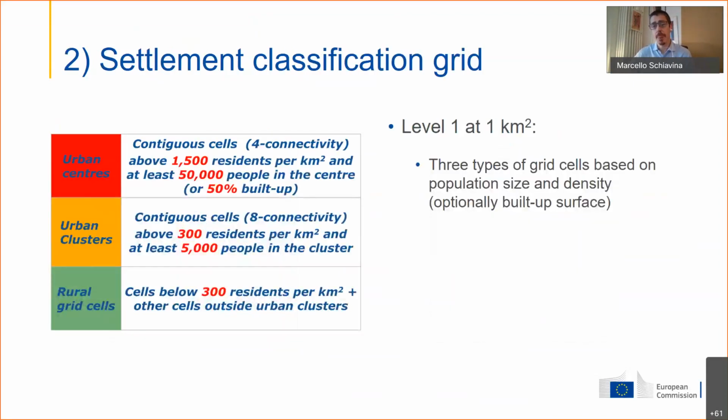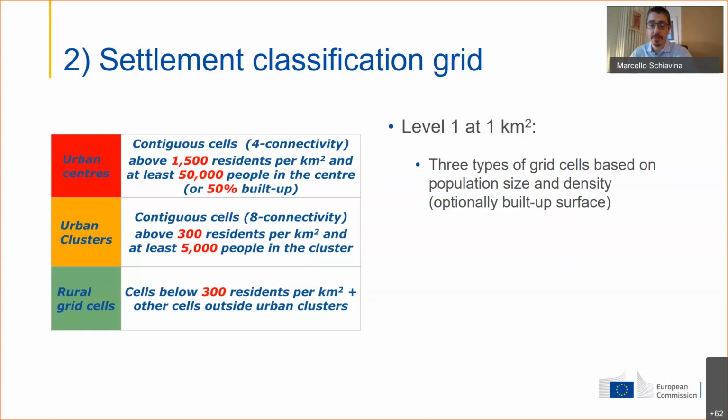On this grid, it is possible to apply simple rules to define urban centers, urban clusters, and rural grid cells based on population size and density. I go quickly as this was already introduced by Lewis. An urban center consists of contiguous grid cells using 4-connectivity, so not connected through the diagonal, with a density of at least 1,500 inhabitants per square kilometer. An urban center has a population of at least 50,000 people.